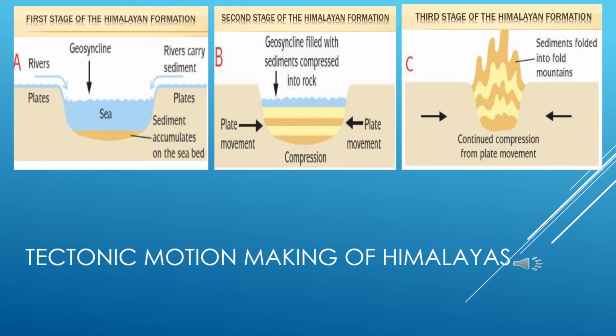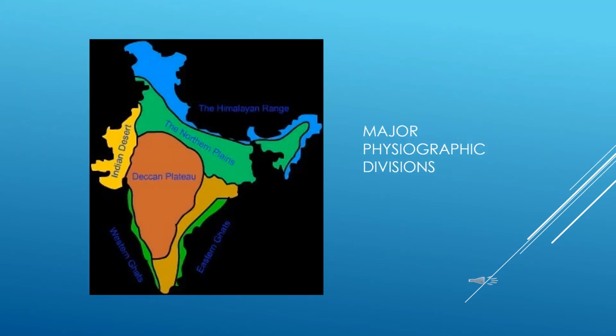These sediments were subjected to powerful compression due to the northward movement of the Indian plate. This resulted in folding of sediments. So once the Indian plate started moving steeply below, it further folded, and this raised land led to the formation of the Himalayas.